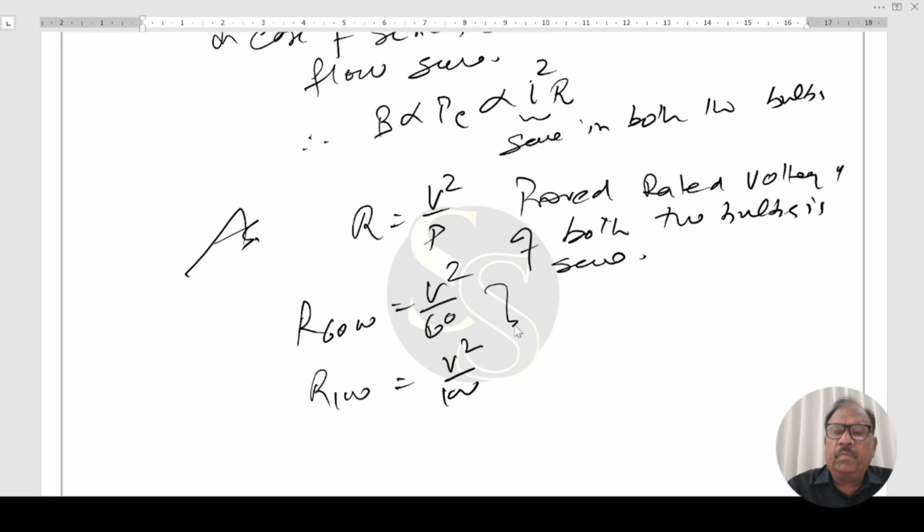So the resistance of the 60 watt bulb is greater than that of the 100 watt bulb.